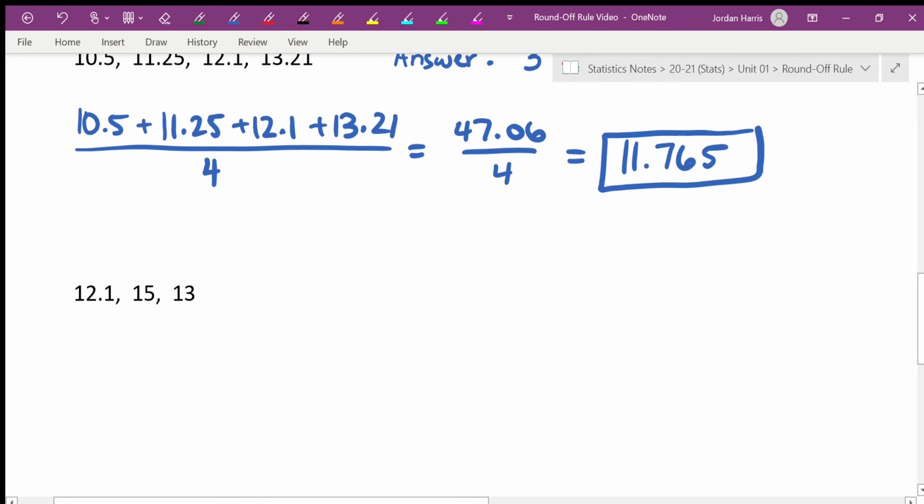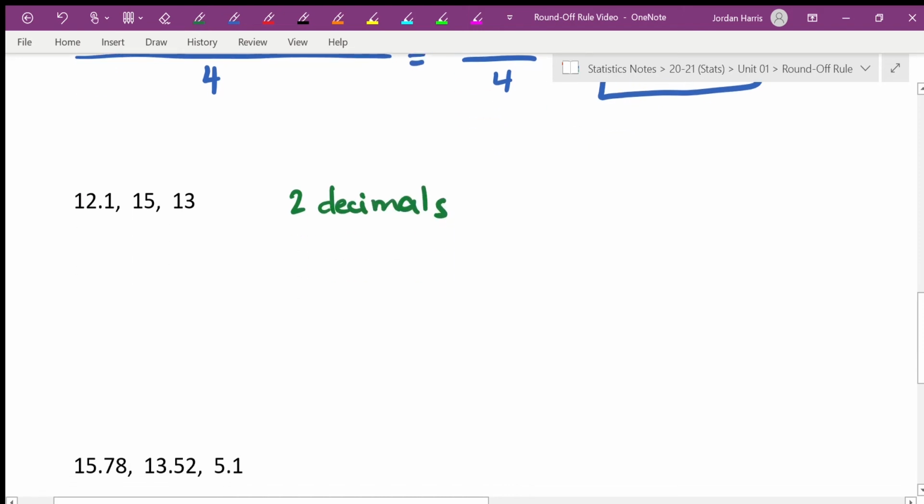Okay, next one. We have our data here: 1 decimal, 0 decimal, 0 decimal. So find the one with the most decimals, which is 1 in this case. I need 2 decimals in my answer. That means I'm going to round to the hundredths place. So now I got to add them up and divide by 3.